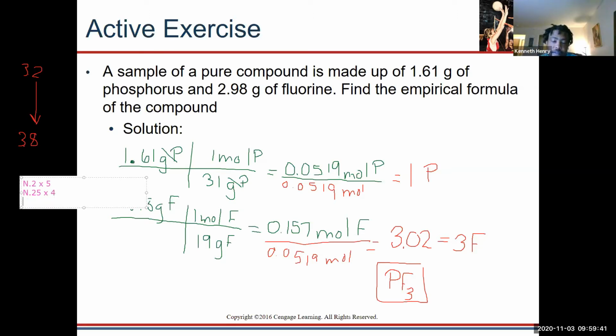What about 0.333? What's the smallest number I can multiply that by to give me a whole number?